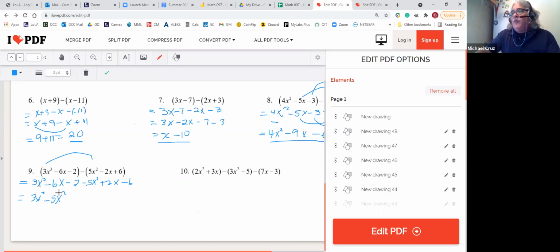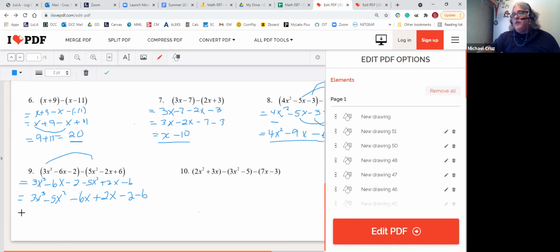So those won't put together, no matter what we do. Now, all of the other ones have another term like it. See this, the negative 6x, and then the plus 2x, and then the negative 2 minus 6. So what do we end up with? So again, these are not the same because that's a cube.